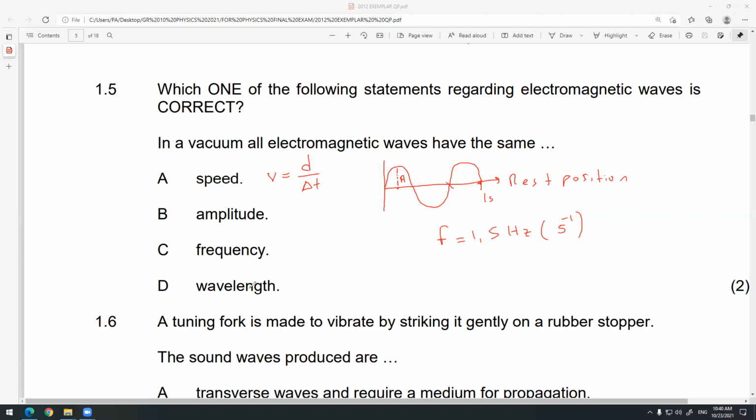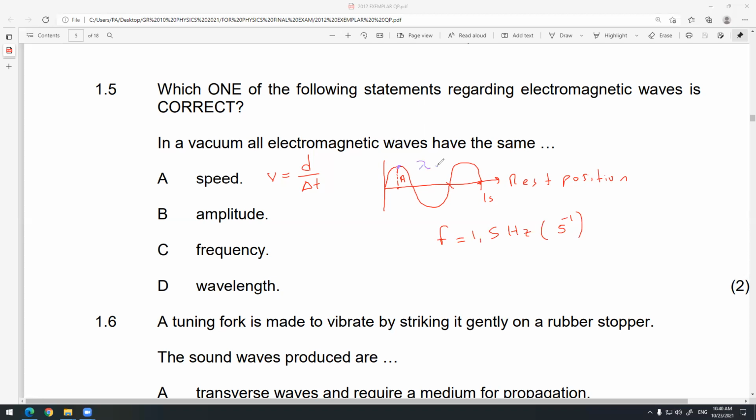And then wavelength. Wavelength is from crest to crest, from highest point to highest point, or from lowest point to lowest point. If you carry on like that, you can show wavelength. Wavelength is the distance between two same points, for example, crest to crest, or from first point to another point. Let's show it like this.